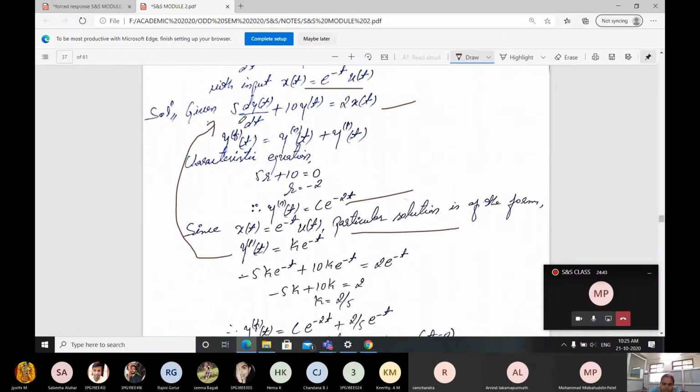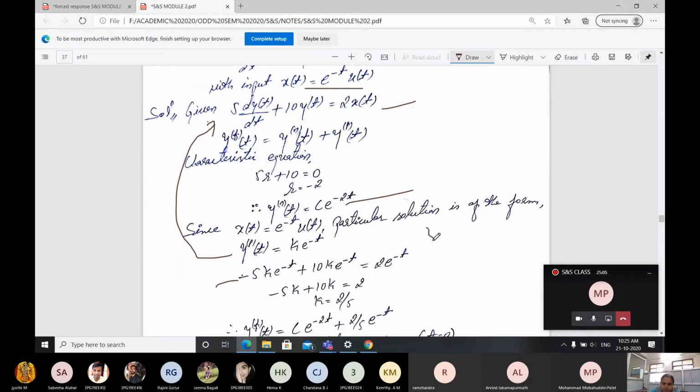Substitute in this, then after differentiating e raised to minus t, you will get the answer. Just substitute these values, right?